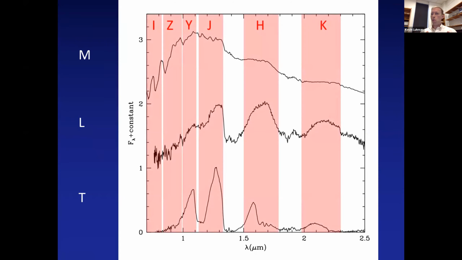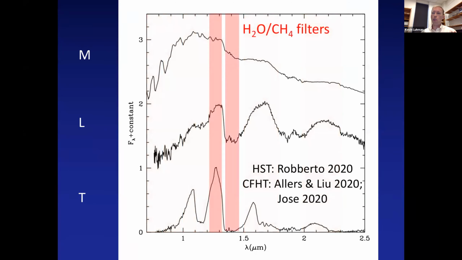So we can use just normal broadband filters to identify brown dwarfs based on their distinctive colors. But another alternative is to use custom-made filters, narrowband and medium band filters that are designed to coincide with these absorption bands and the continua next to them.